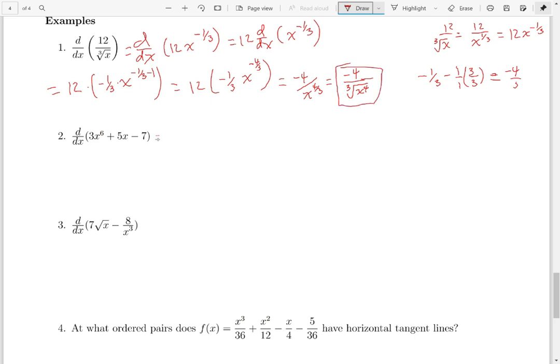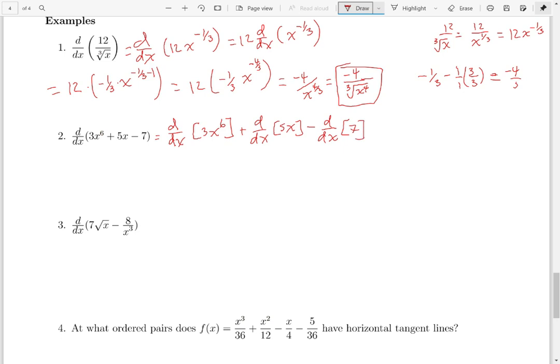That's our derivative. Alright, now for more complicated polynomials. If we have the derivative of 3x to the 6 plus 5x minus 7, first statement, that is the derivative of sums is the sum of the derivatives. So d dx of 3x to the 6th plus d dx of 5x minus d dx of 7.